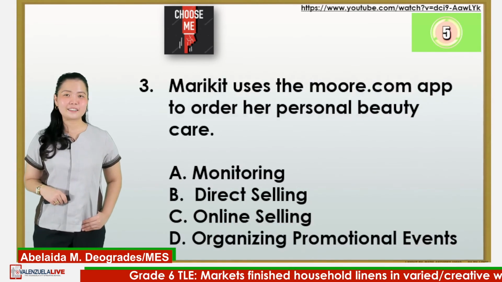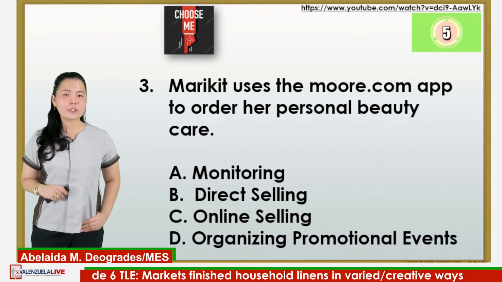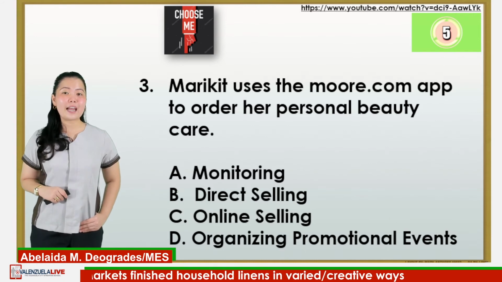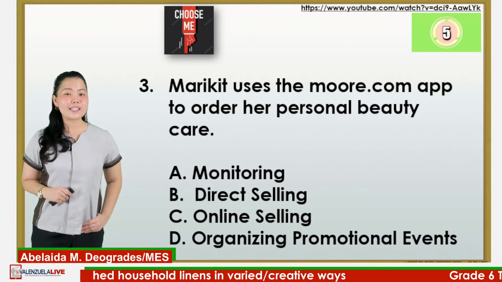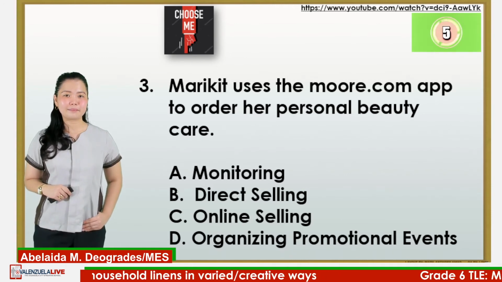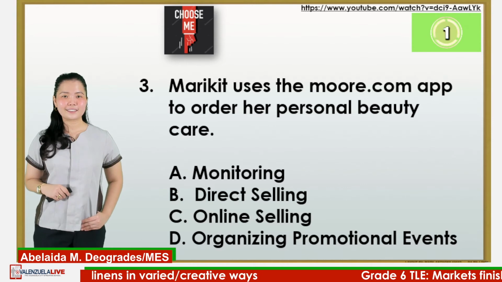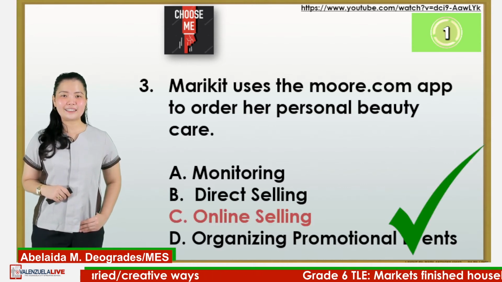Number 3, Marikit uses the more.com app to order her personal beauty care. Is it A, monitoring, B, direct selling, C, online selling, or D, organizing promotional events? The answer is online selling.